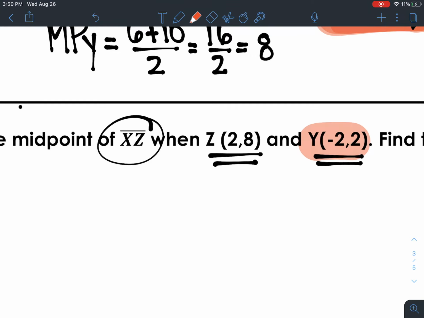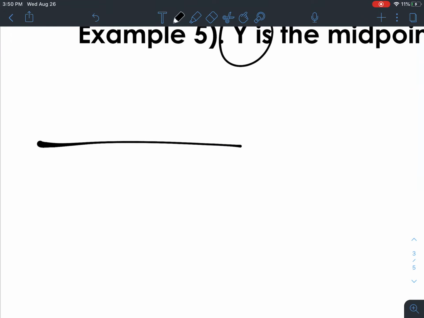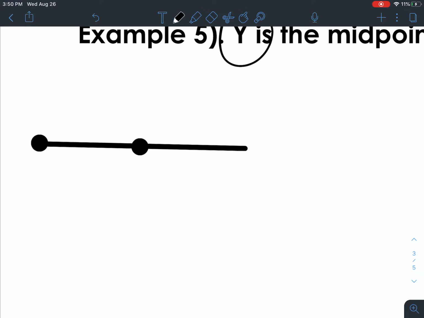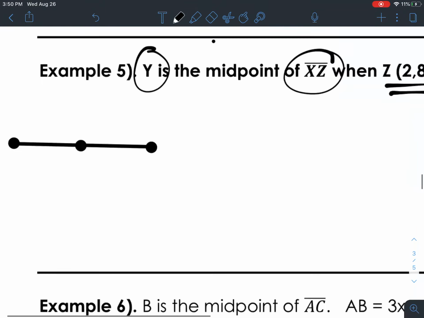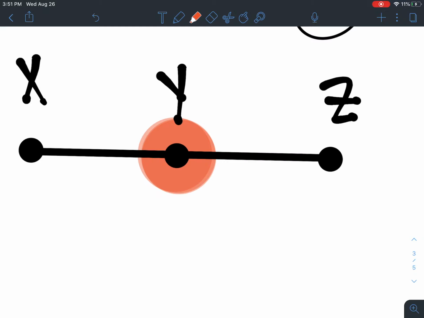If we visualize this, not drawn to scale, this is my segment XZ, and I'm given Y and Z, and now I need to find X. X is what I'm looking for.